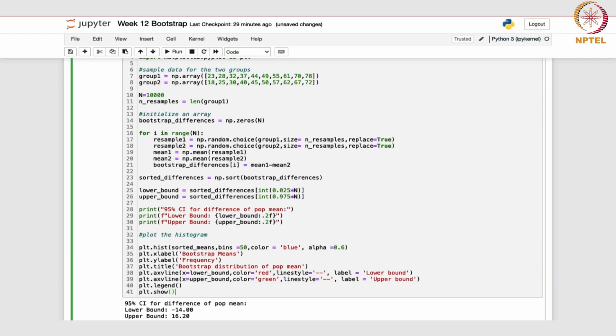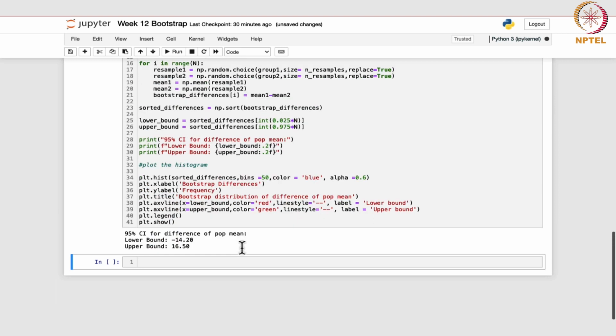Let me just write the command over here itself. So here it will be sorted differences. Bins and color we can keep same. So bootstrap differences, frequency is there, bootstrap difference, bootstrap distribution of difference of population means. Again, rest of the things can remain the same.